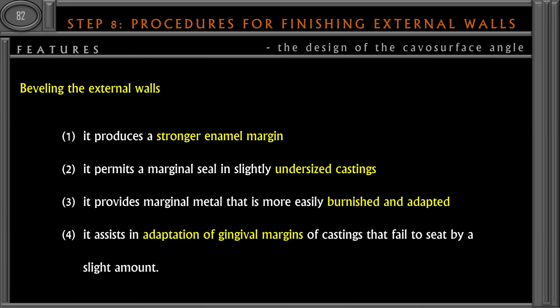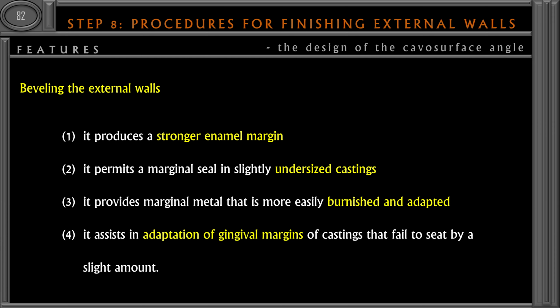Beveling the enamel margins for a cast metal restoration has many advantages. First, it provides a strong enamel margin, and even if there is a small undersized casting, the marginal seal will be provided by the bevels. If the marginal metal is thin, it can be easily burnished and adapted.